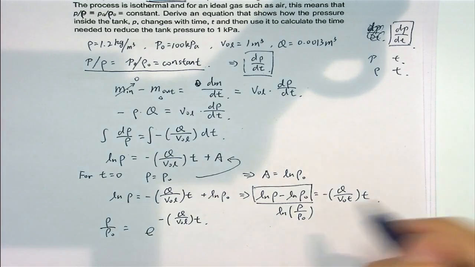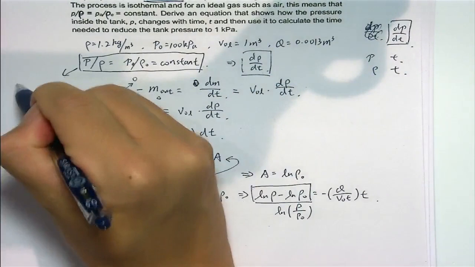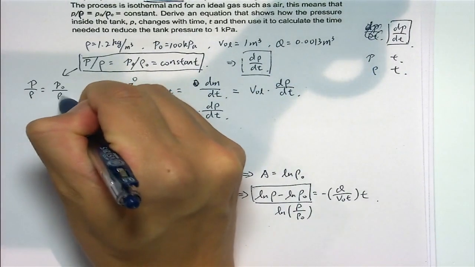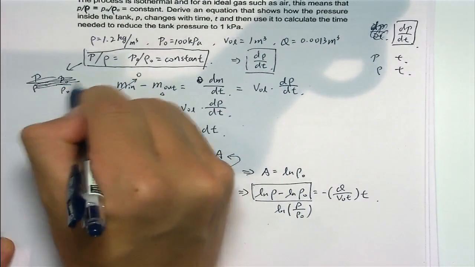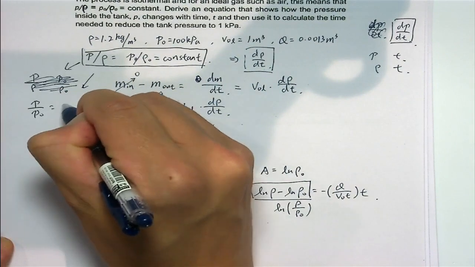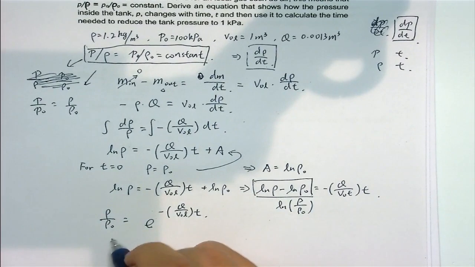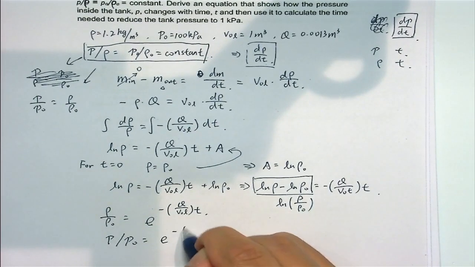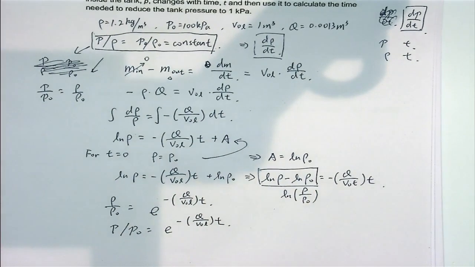Because we know that term, we can also write P over rho is equal to P0 over rho 0. Also write into P over P0 is equal to rho over rho 0, right? So P over P0 is e to the minus Q over V t. Okay.